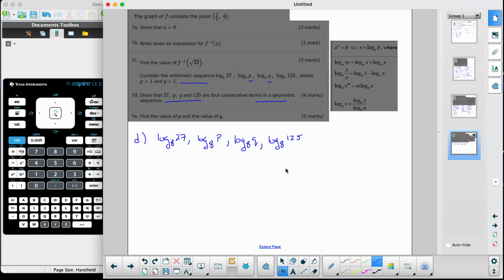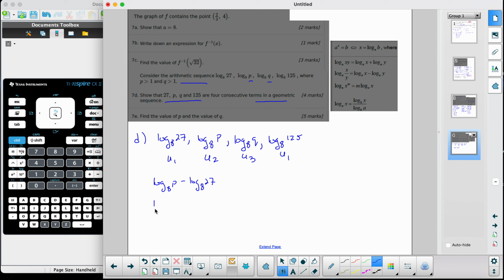So we got to solve for these. So if this is arithmetic, first of all, this is term 1, term 2, term 3, and term 4. We know that the common difference is log base 8 of P minus log base 8 of 27, right? Term minus previous term.